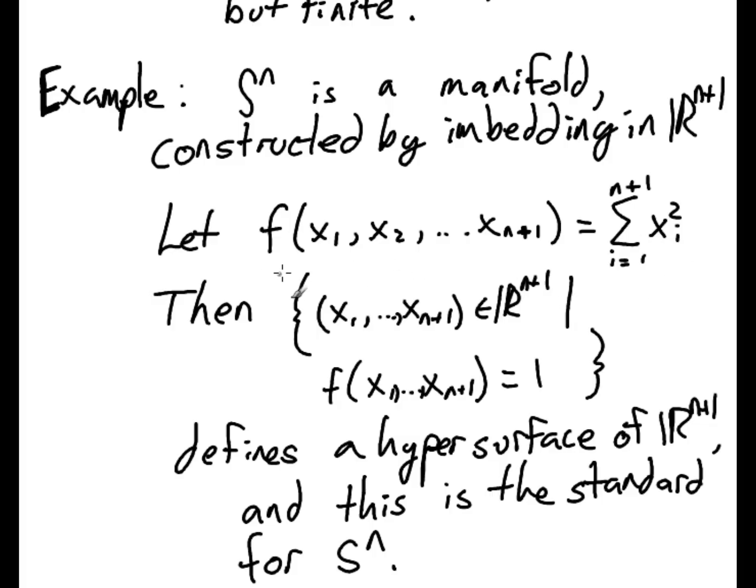If we have a function in n+1 dimensions whose output is to square everything and add everything together, and we then filter that down to just the set of points where this function evaluates to 1, then we've defined a hypersurface in n+1 dimensional space. That hypersurface is the standard Sn, right? So that's a manifold. It's constructed by this embedding, and there is some number of dimensions where this manifold embeds in that real space.